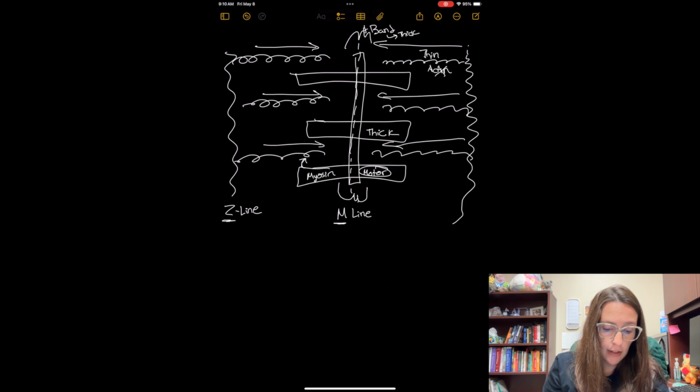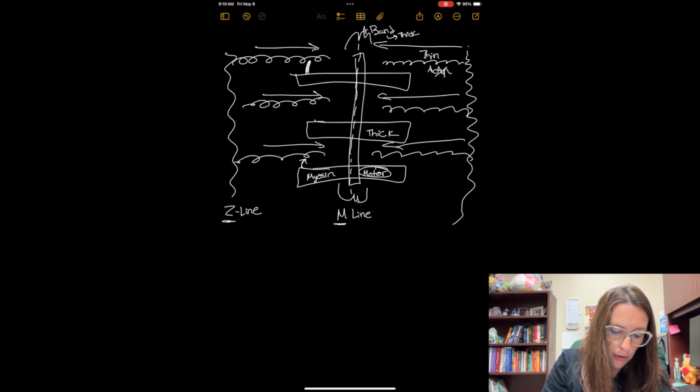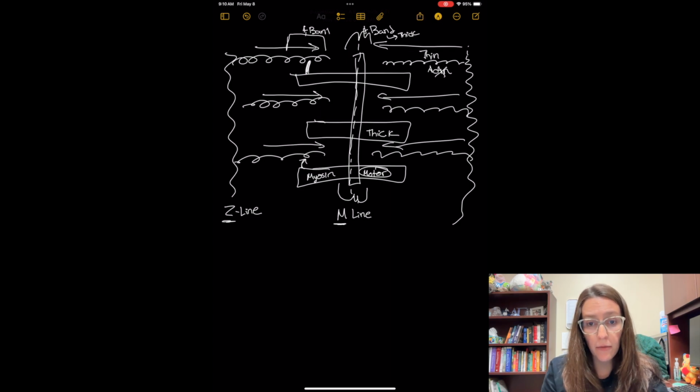Now, there's the area where we have myosin and actin together, forming what we call cross bridges. In the middle, where we see actin and myosin interacting, we refer to that as the A band. There's a German name for it, but for me, I just refer to A as all.